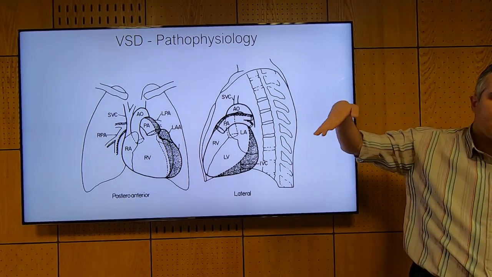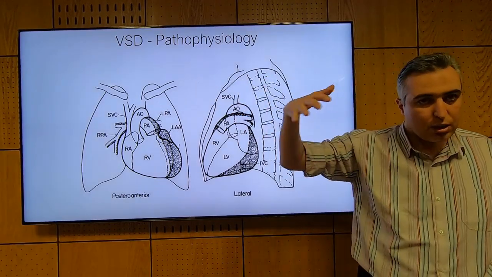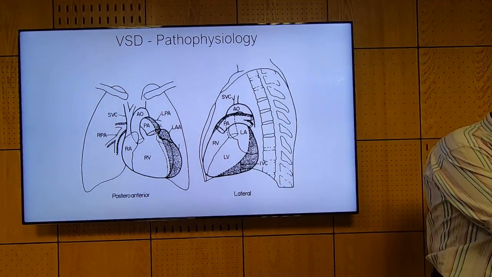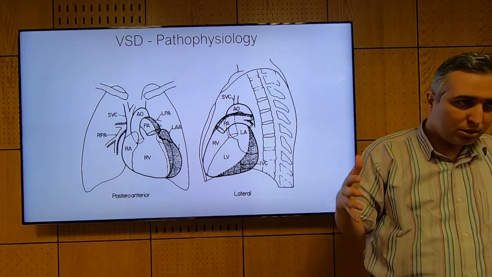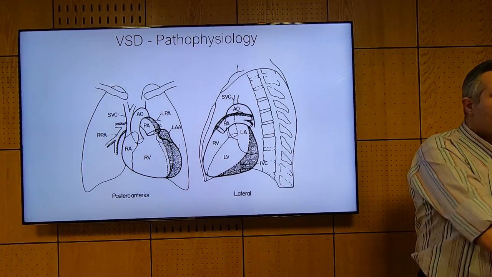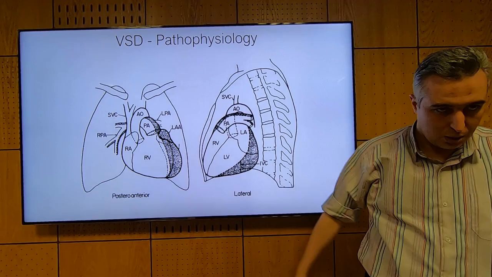Indexed pulmonary vascular resistance above 8 Wood units per meter square is prohibitive. Less than 4 is quite favorable for closure of the defect. In between is borderline. Obviously you want it to be low and reversible, rather than high and irreversible.